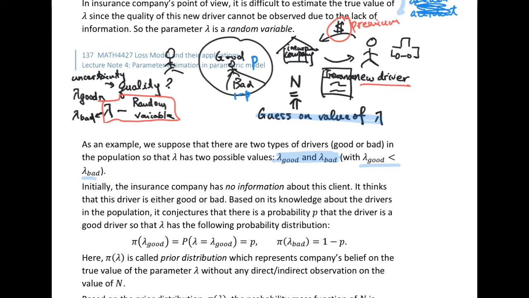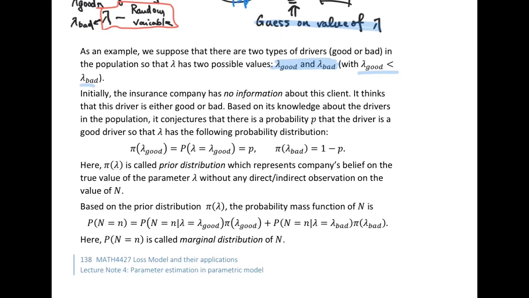Knowing that this person is coming from this population, the company can conjecture that with probability P this guy is a good driver, meaning that lambda will be equal to lambda good, and with probability 1 minus P, lambda will be equal to lambda bad.